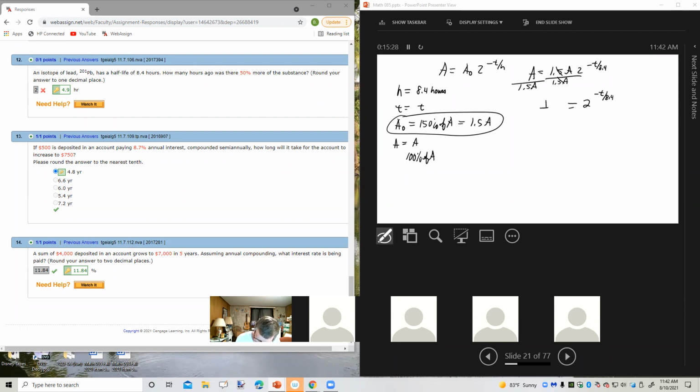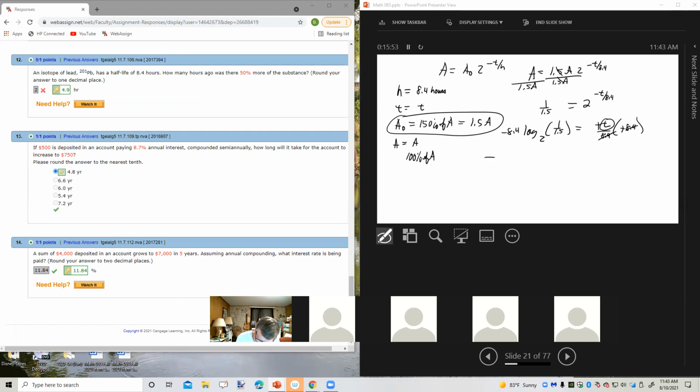On the left side, I get 1 over 1.5. Okay. So now I've got log base 2 of 1 over 1.5 equals negative T over 8.4. I'm going to multiply both sides by negative 8.4. The 8.4s and the double negative go, so I've got T left on the right.